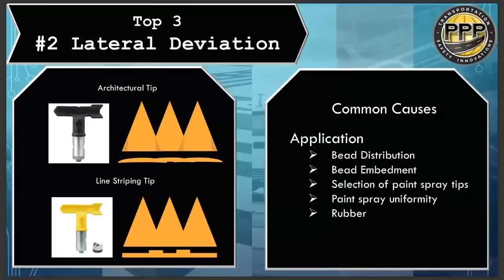Now an architectural tip is a feathered tip, so it actually has a feathered pattern. And this is sometimes what causes this lateral deviation, is that they'll use a striping tip for a large format marking. And so you have this significant overlapping. And so you're either putting in too much paint or too thin, too thick.